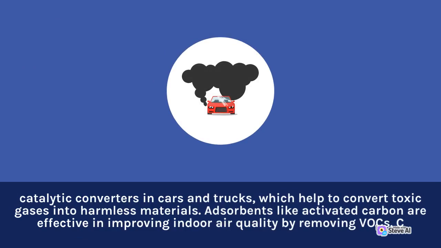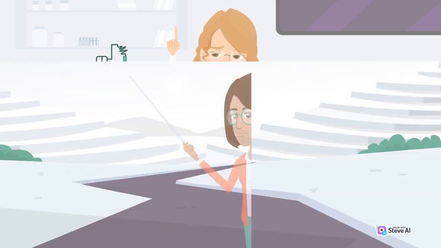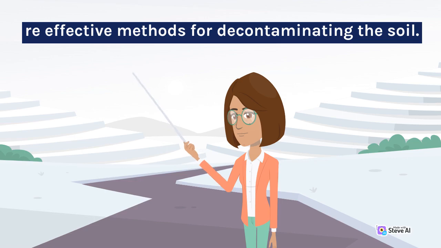Adsorbents like activated carbon are effective in improving indoor air quality by removing VOCs. Chlorination is the most common method used to disinfect drinking water, and activated carbon is also used for removing pollutants from water. Chemical treatments like bioremediation and surfactants are effective methods for decontaminating the soil.